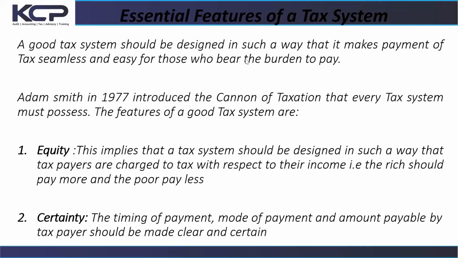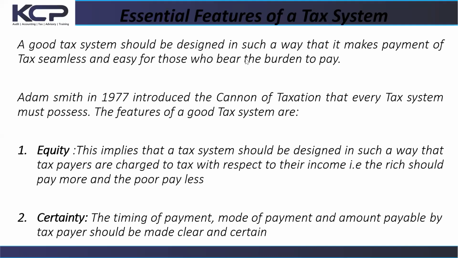That is, equal percentage in proportion to your income should be the basis on which you pay tax. But truly, is that what we have in Nigeria? No. Unfortunately, the rich are made to pay less, while the poor are made to pay more.